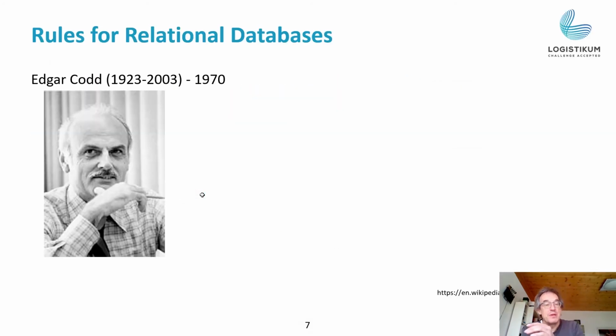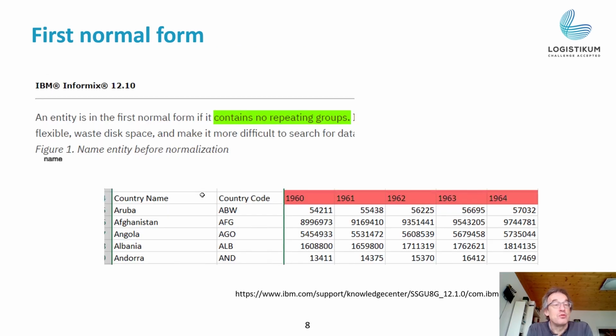There are some rules on how to store information in tables. These rules were invented by Edgar Codd in the 70s for databases, which he called relational. Relational was, so to say, how to store data in tables. There is one rule he invented, the rule of the first normal form.